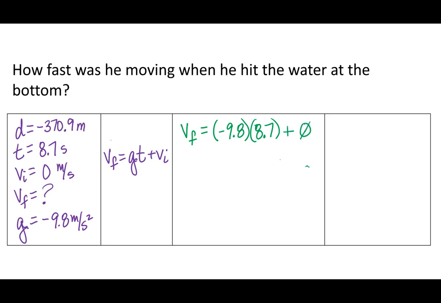Well, 0 is just 0, so that goes away. And so all we have to do is negative 9.8 times 8.7, and that gives us negative 85.26.